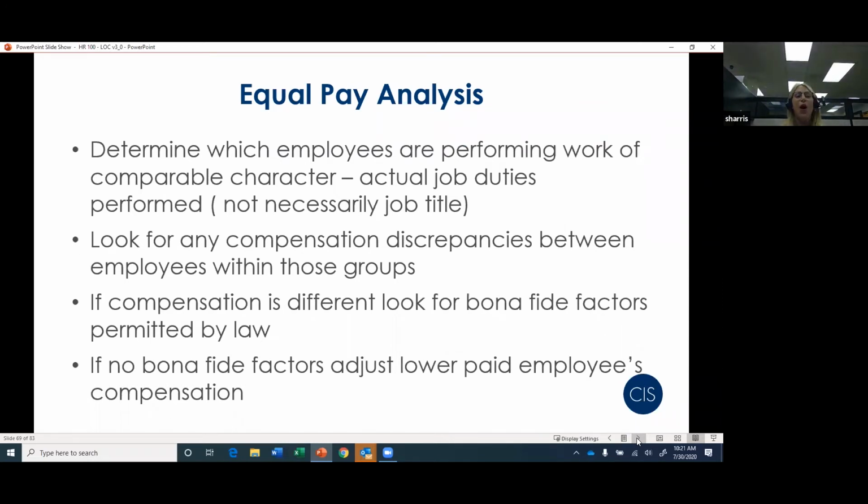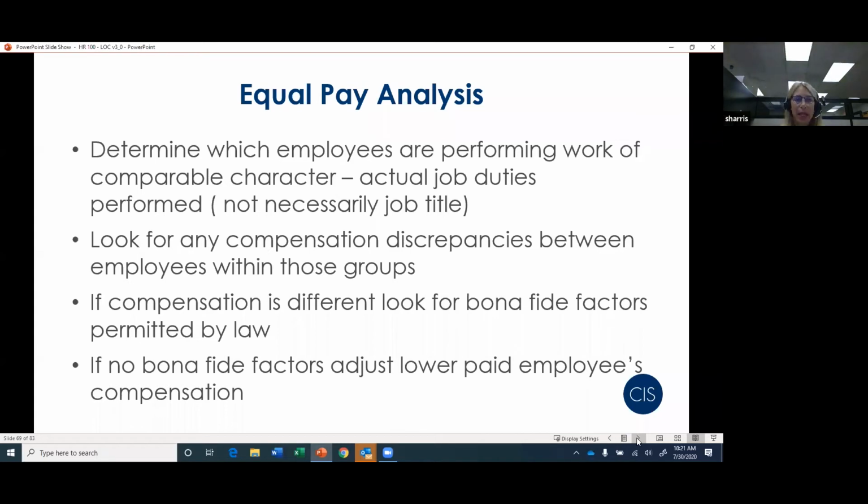Okay. How do we go about this? Well, we've been talking since 2016 about doing an equal pay analysis. There's a lot to this. Some people are hiring outside agencies to do it. You can do it internally, but what you want to do is you're going to determine which employees are performing work of that comparable character.